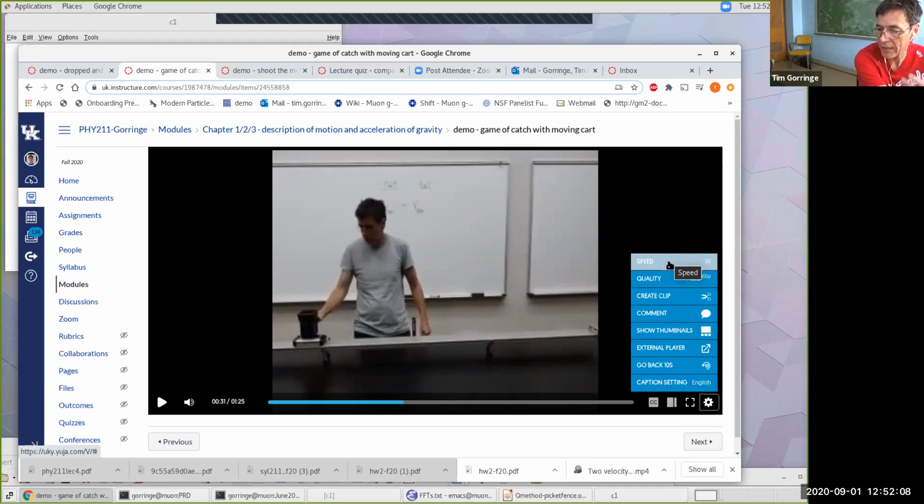I'm going to kind of play catch with the moving cart and demonstrate that the projectile, the ball, has the same horizontal velocity as the cart. So again, it's like a comparison of straight line motion and two-dimensional projectile motion.